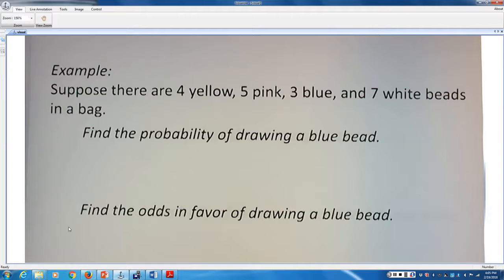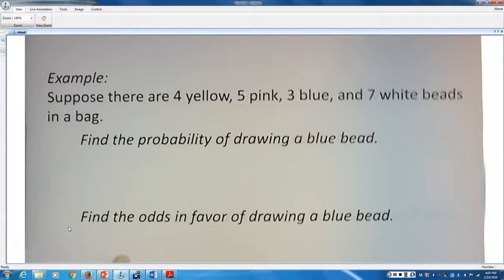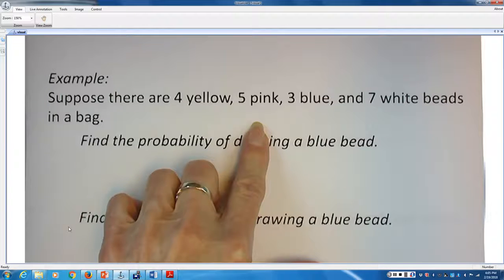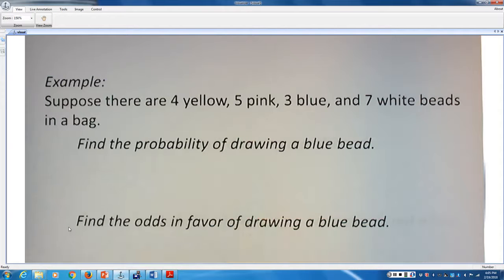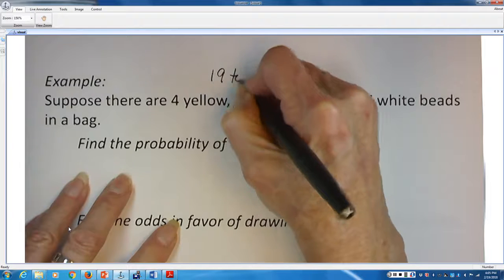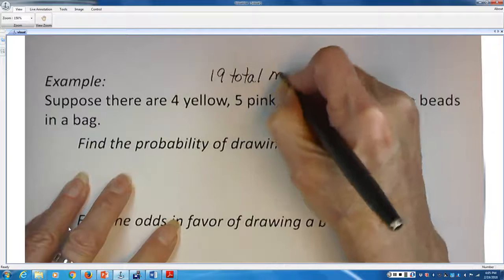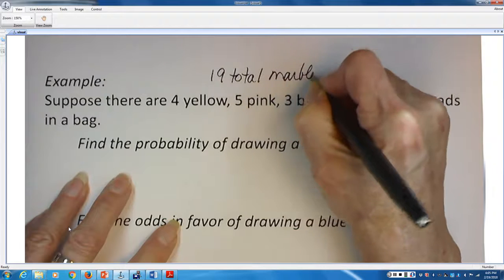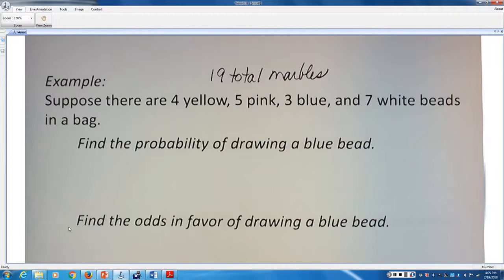We'll continue on with our examples for a few minutes. We're going to keep talking about this same group of marbles, so I want you to tell me before we go too much further, how many marbles are in that bag? Okay. Keep that in mind because that's going to stay the same through everything that we do.